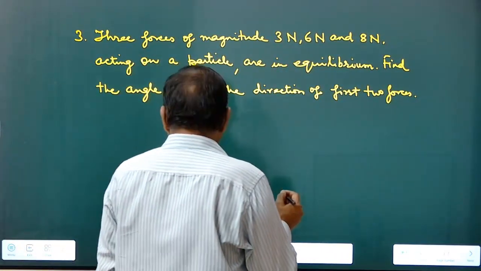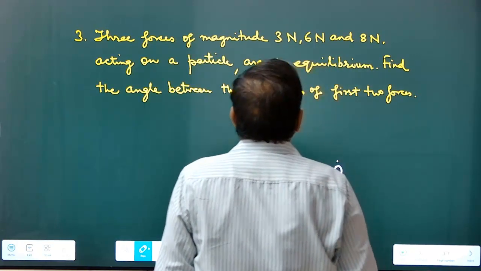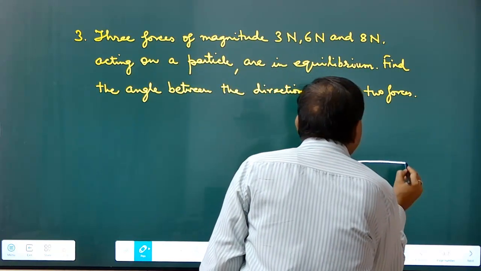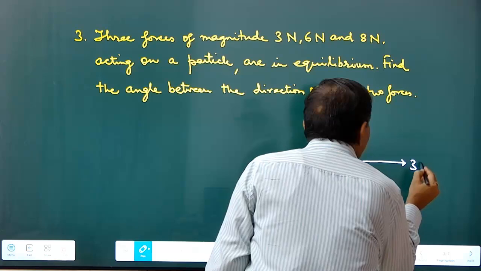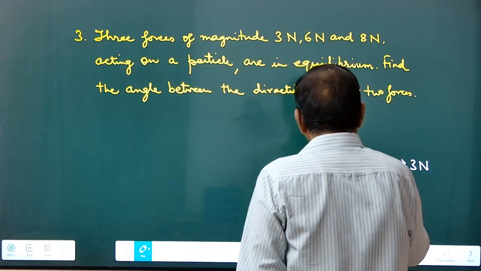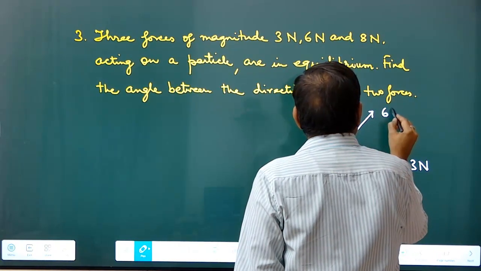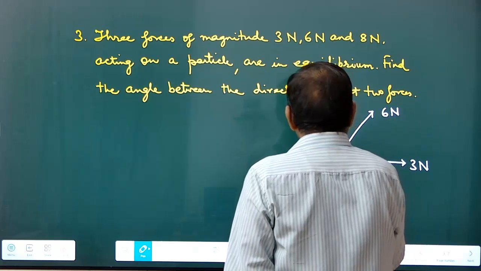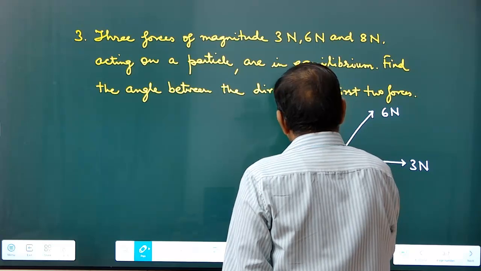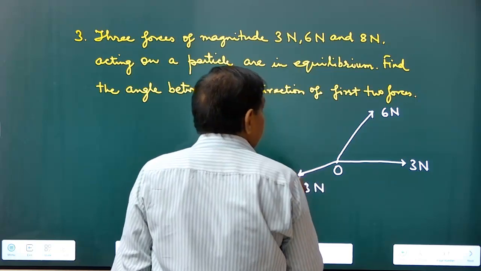So here, let O be the point where three forces are acting. Let us say this is the force of 3 Newton, then 6 Newton is in this direction, then let us say 8 Newton is in this direction.